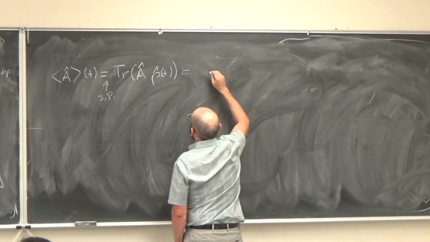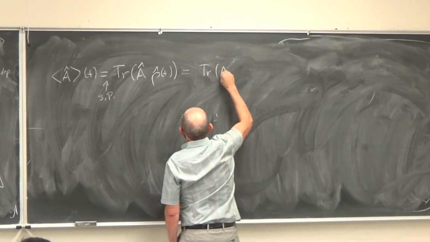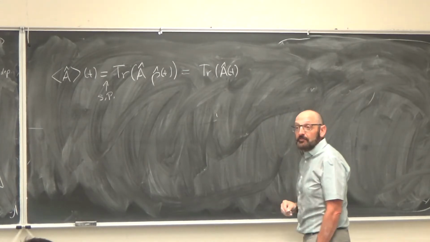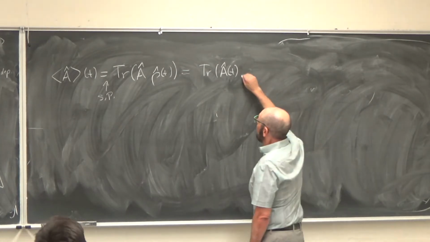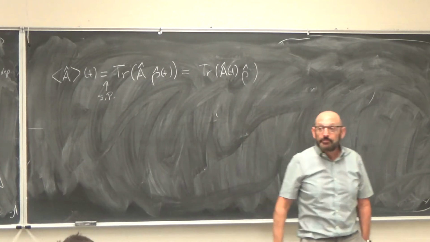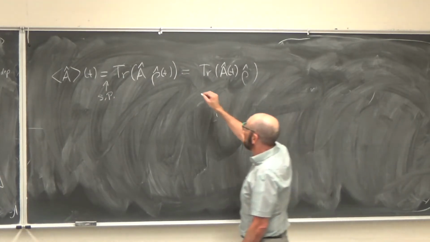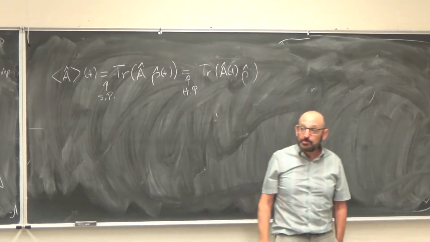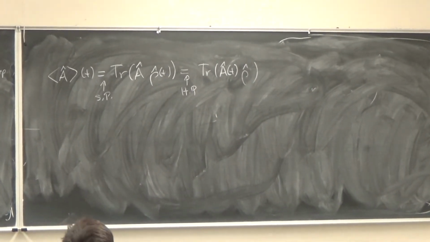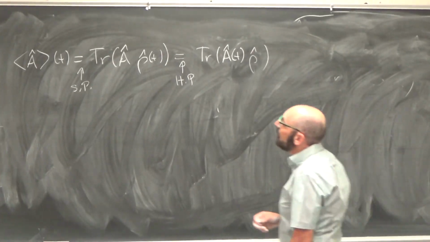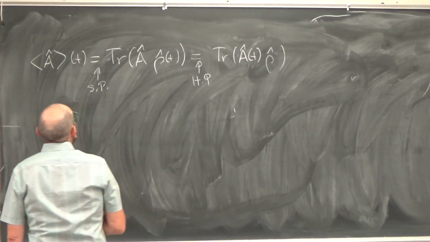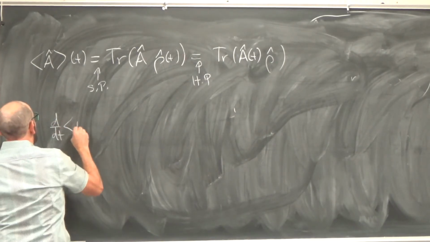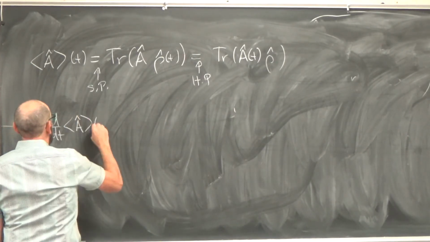Or I could say the observable evolves as a function of time, and the state is fixed. That, my friends, as you know, is called the Heisenberg picture. And they should be the same thing, and they must be. And that follows here. So if I wanted to ask, how does this guy evolve as a differential equation, as a function of time?